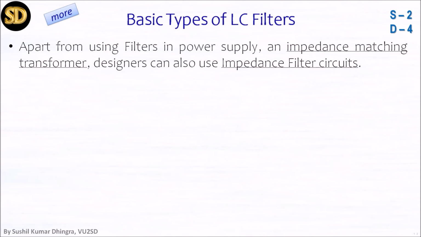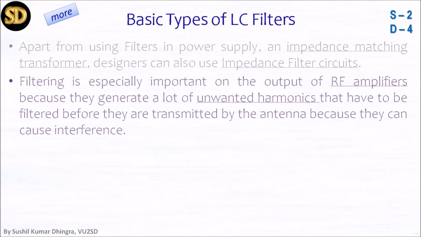Apart from using filters in power supplies and impedance matching transformers, designers can use them in impedance filter circuits. That is also very important, but I am not going into details. This kind of filter is especially important on the output of RF amplifiers because they generate a lot of unwanted harmonics that have to be filtered before they are transmitted by the antenna, because they can cause interference to neighboring frequencies, and as per amateur radio rules it is also illegal.